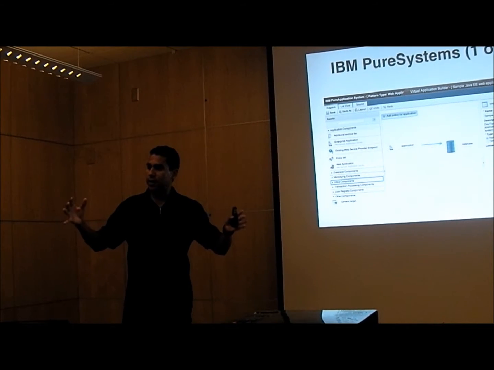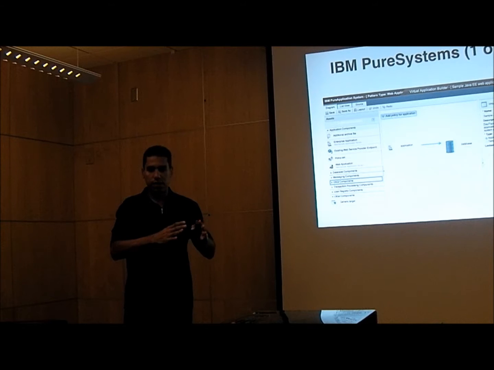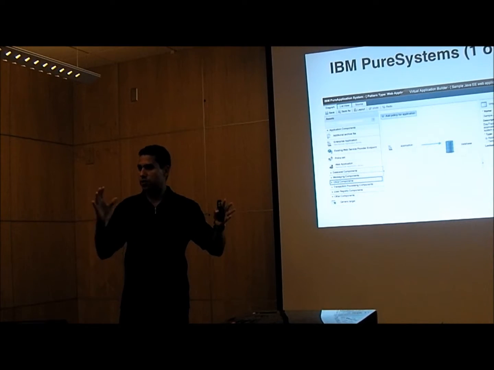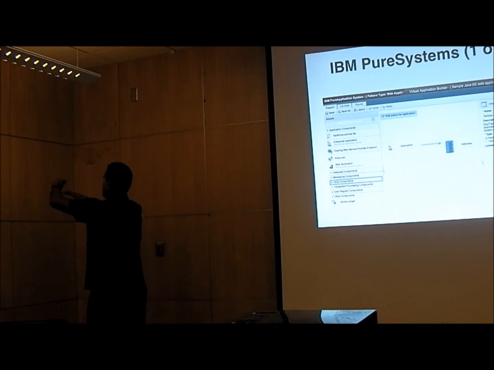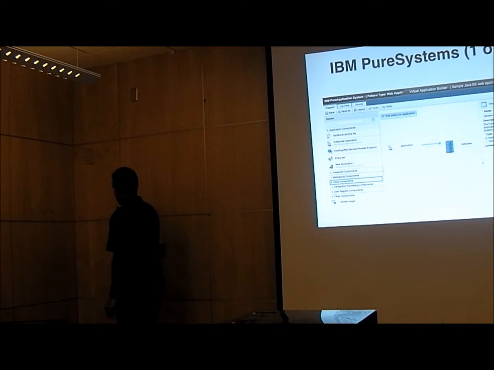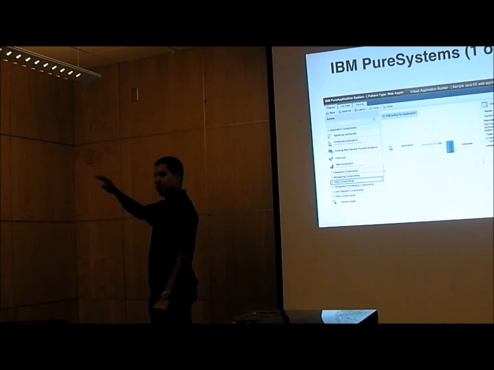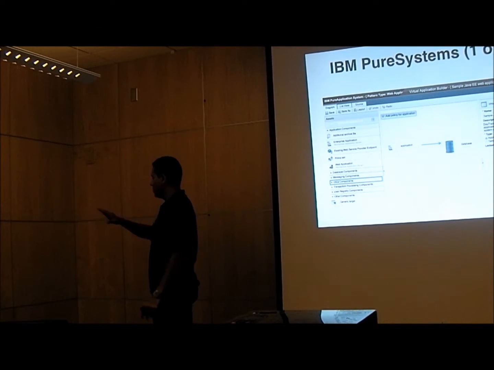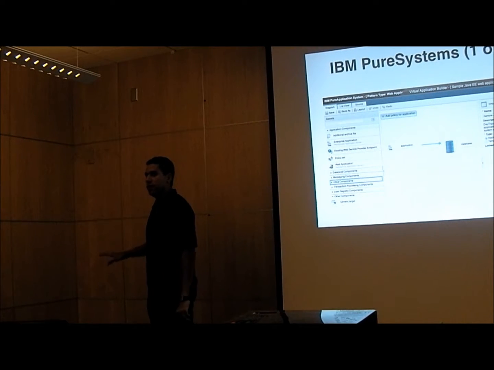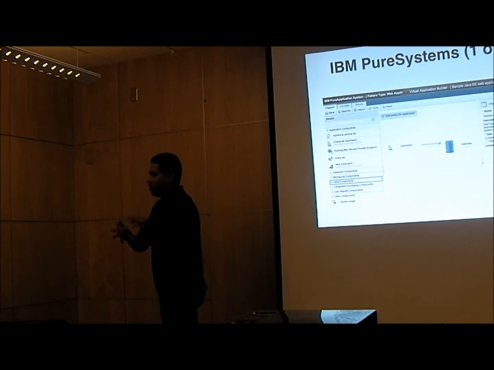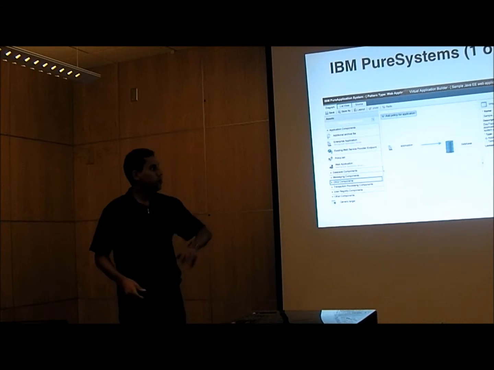So you can buy an entire piece of hardware, and I can show you, it's about this big. It comes with the storage, the CPU, the power and everything, and then it has the software. So you get this, you plug it in, and then you have this software.